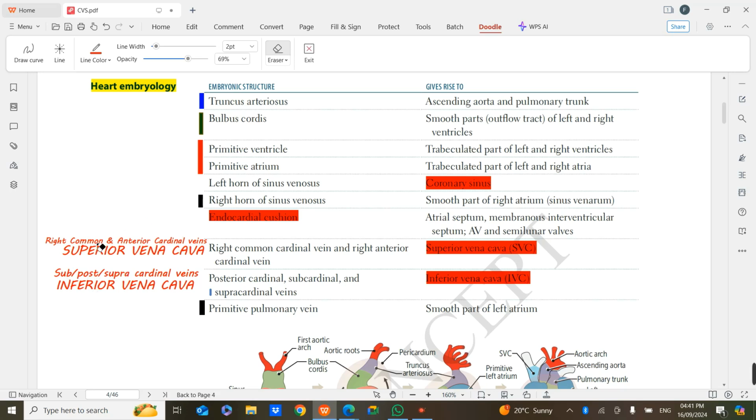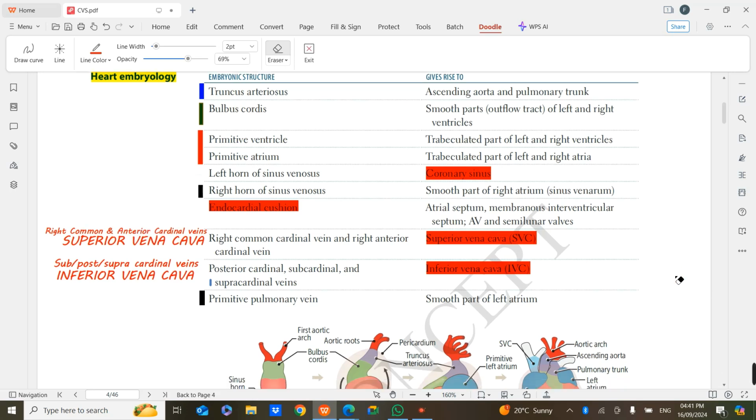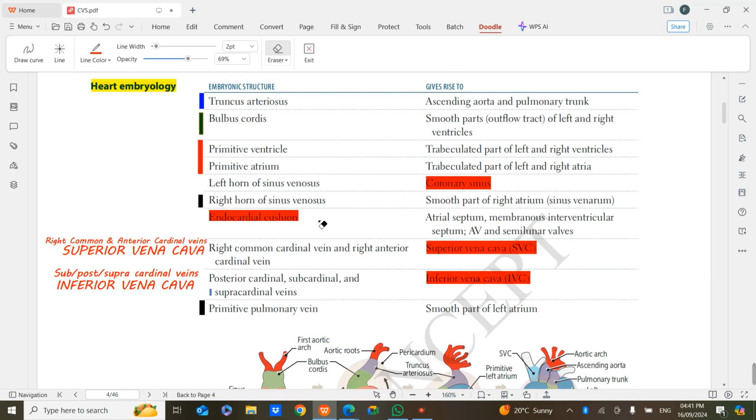Superior vena cava, they might say the vessel that normally drains the head and neck and empties into the right atrium is affected, and the likes. What's the embryologic origin of it? That's superior vena cava, so CAC. You just check the options and pick the common and anterior one. Very easy and straightforward, so don't complicate the matter.